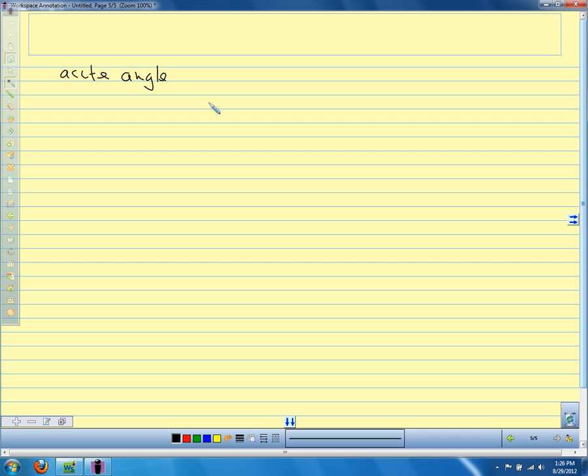Less than 90, so between 0 and 90. So in radians, what would that be? Between 0 and pi over 2.